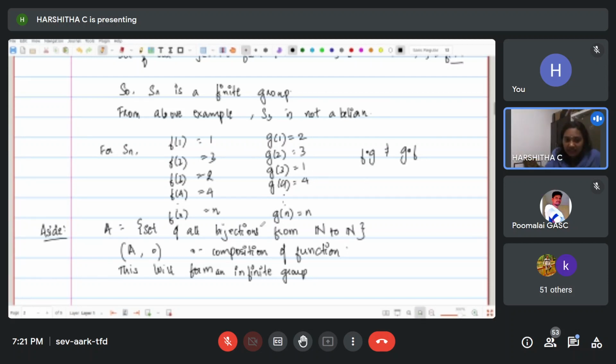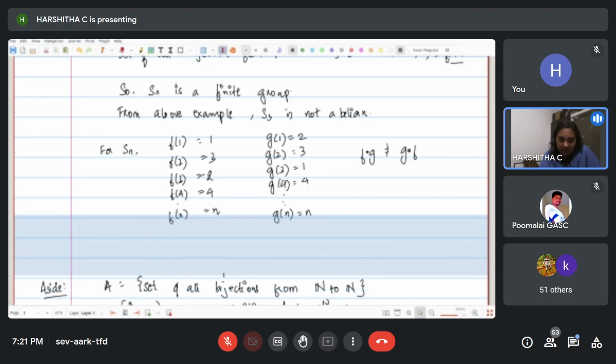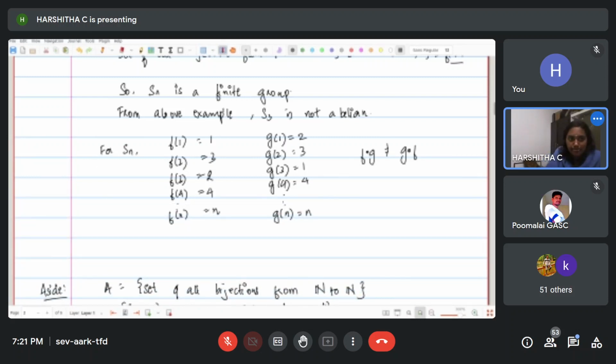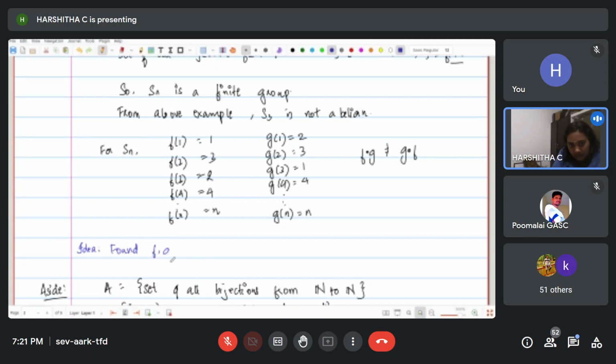So what we have actually done is, here we have found two elements, f and g, in S3 which do not commute with each other, and then we have used the fact that S3 is sitting inside Sn.